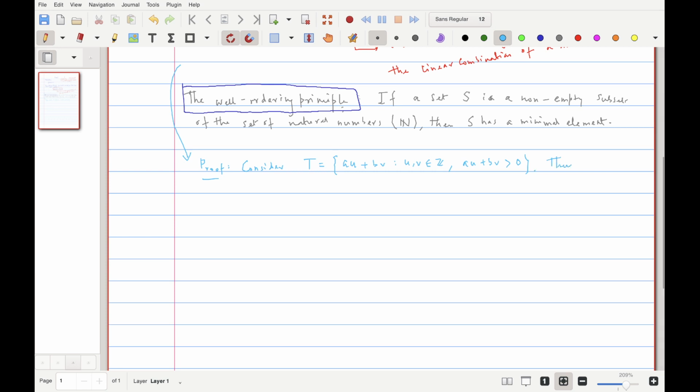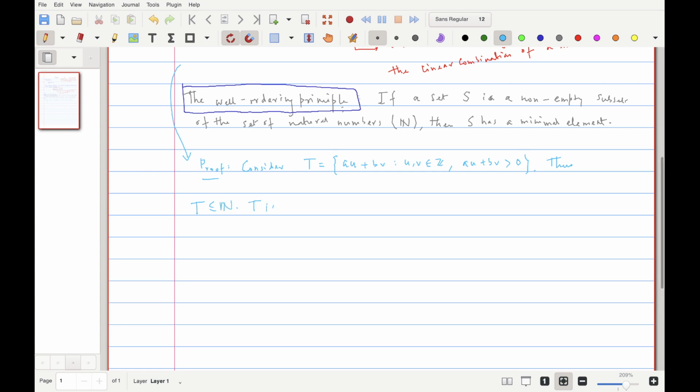Thus T is a subset of the set of natural numbers.